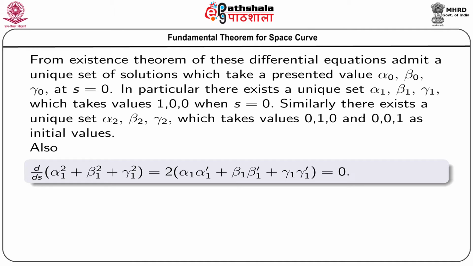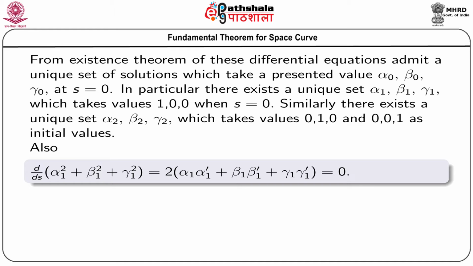From the existence theorem of these differential equations, we know that they admit a unique set of solutions which take a prescribed value alpha 0, beta 0, gamma 0 at s = 0. That means, at the initial point s = 0, they are taking the values alpha 0, beta 0, gamma 0.